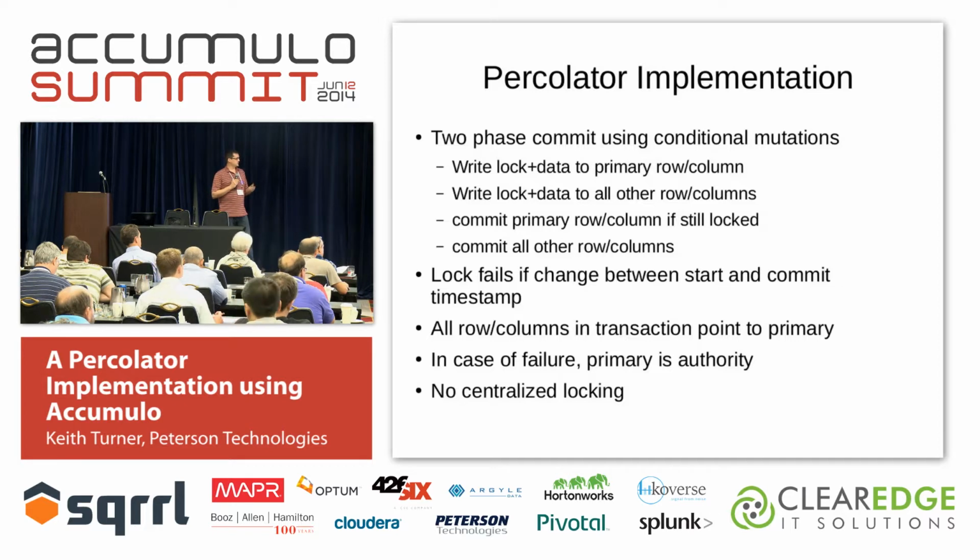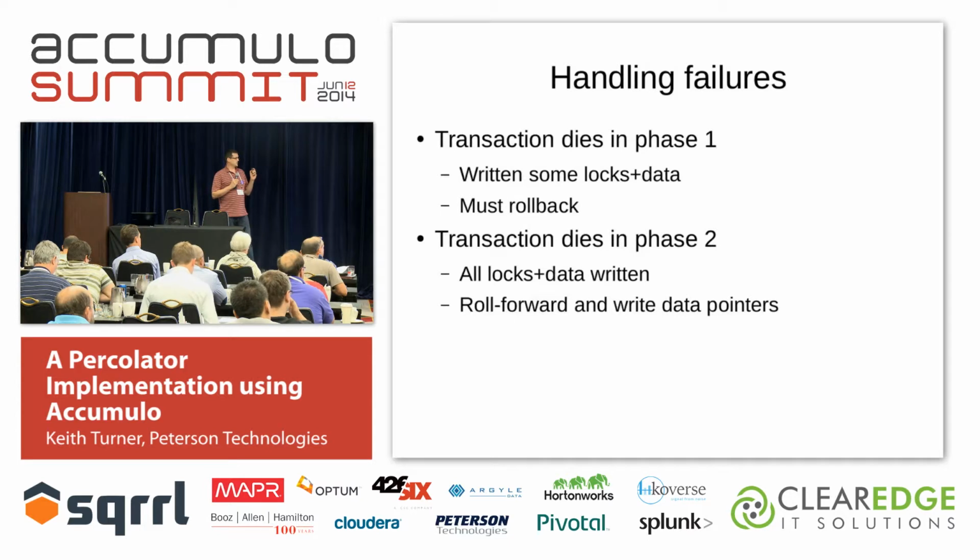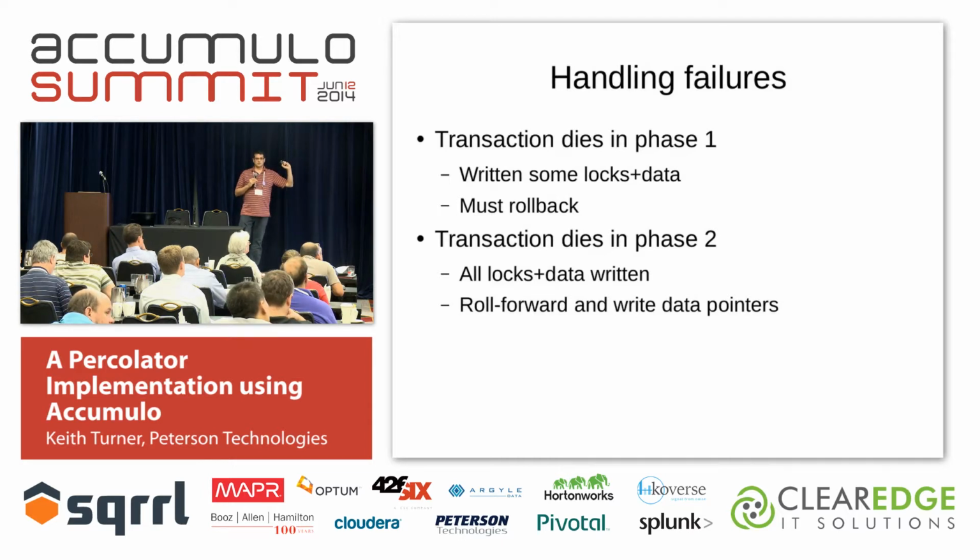So if a transaction dies before you've done the first two steps, you'll roll back. If a transaction dies after you've done the first two steps, then another transaction will roll it forward.